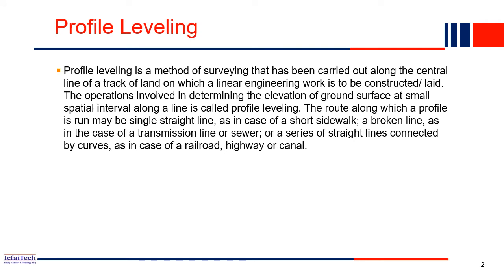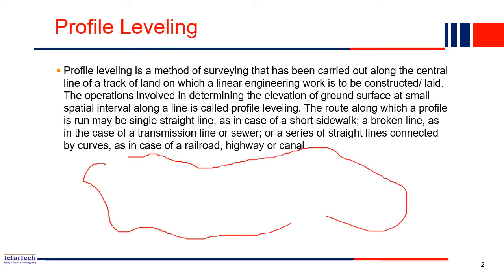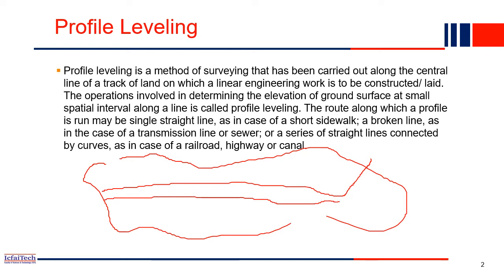Profile leveling is a method of surveying carried out along the central line of the track. For example, you want to construct something in a region, and a road, a railway, or a highway is passing through it. Along the central line of this path we have to take the survey.